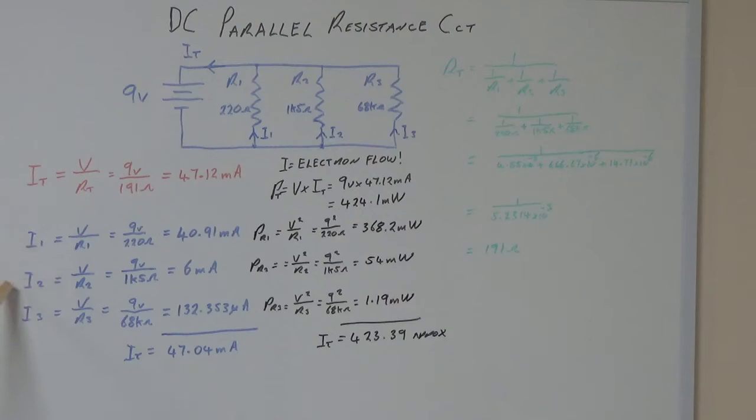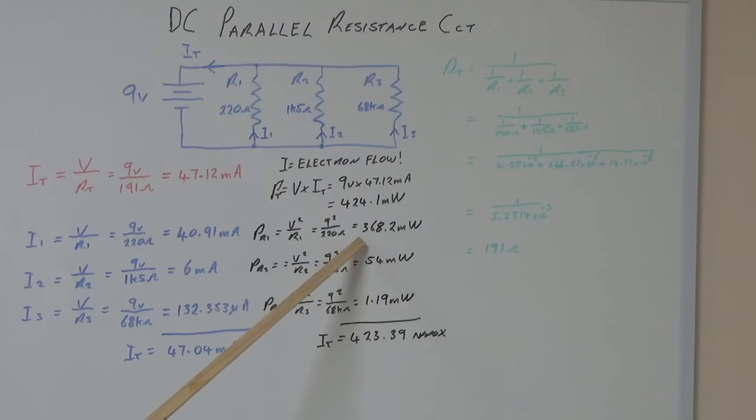Then I did it for each of the branches. So power at R1, R2, R3, and this time I used power equals V squared over R. It's just an easy calculation with the information that we've got here, and that's basically supply voltage squared divided by your resistance.